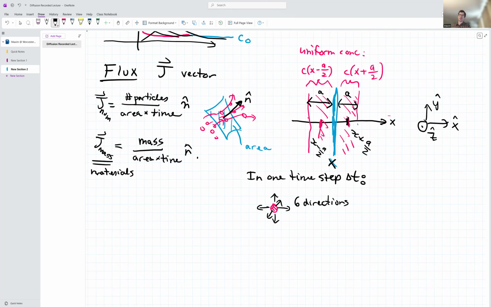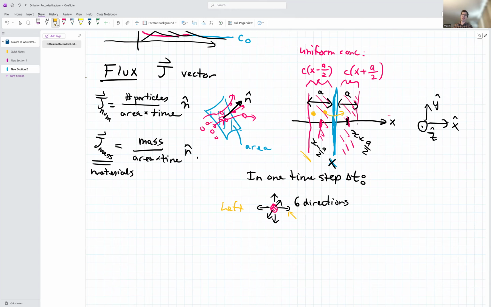And in one time step, the particles on the left over here, only the ones that are hopping in this direction are going to be passing the barrier. Because if you take any particle in here and have it perform one hop by a distance a, then it's only the ones that are hopping to the right that are going to sneak past this blue area, right?